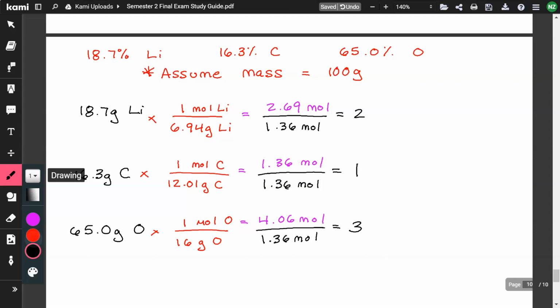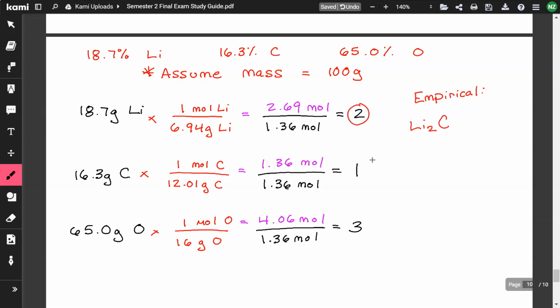Okay, so we can take those, and now we can write out our empirical formula. Lithium, our number was 2. Carbon was by itself, it was only a 1. And then oxygen was a 3.